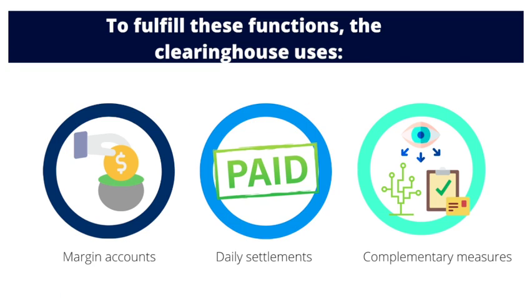To fulfill these functions, the clearinghouse established a system of guarantees whose core elements are margin accounts or guarantee deposits. That means a certain amount of money must be deposited in the clearinghouse each time a buying or selling position is opened. When the operation is closed, the clearinghouse returns that deposit. Next we have daily settlements, or keeping track of daily profit and losses for each party.